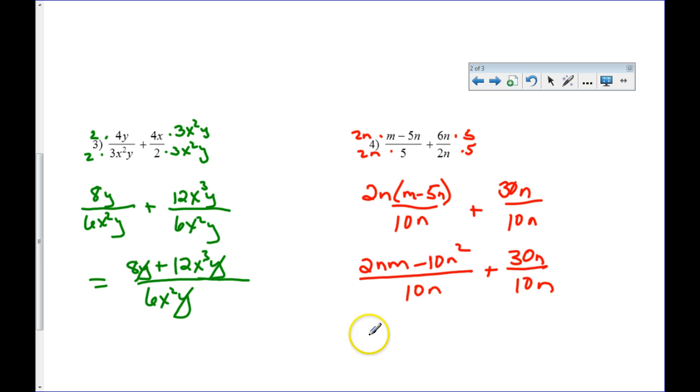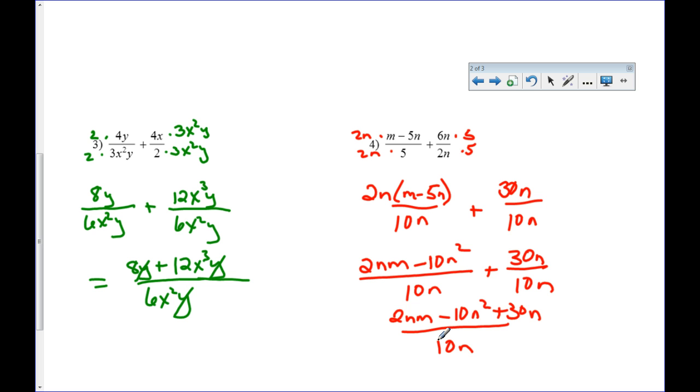Now my denominator is going to be 10n, but if you notice the top, none of them have common numbers. So I'm just going to have to write them all out again. So I'm going to say 2nm minus 10n squared plus 30n, and that's my answer.